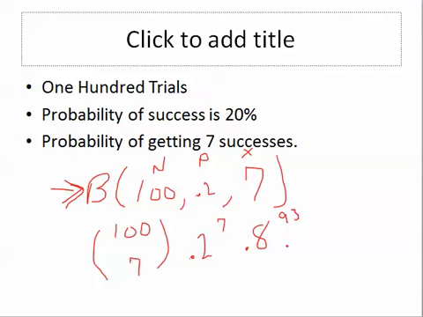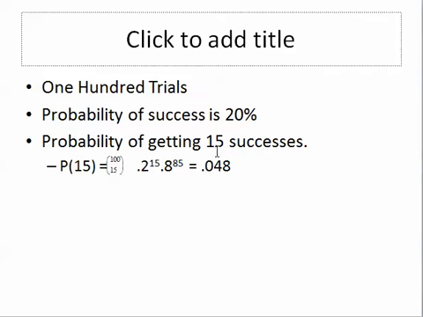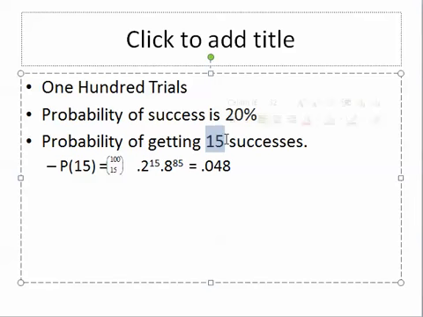If you key this into the calculator, you get something so really small that it's hard to work with. So I changed it a little bit, and I said, what's the probability of getting 15 successes instead? Once again, 15 successes: 100 choose 15, 0.2 to the 15th power, 0.8 to the 85th power. You work that out on the calculator, and you get 0.048.